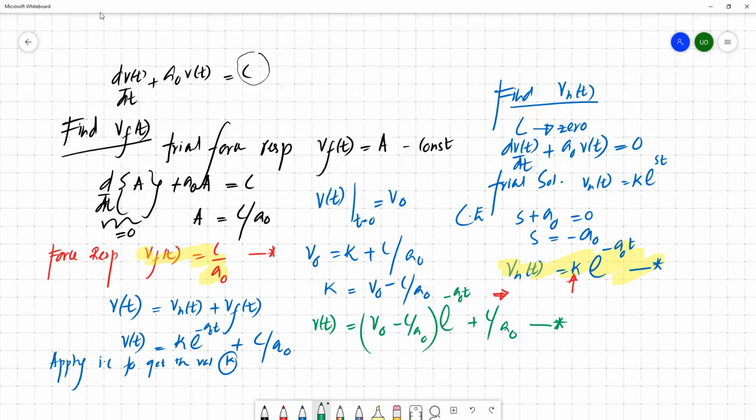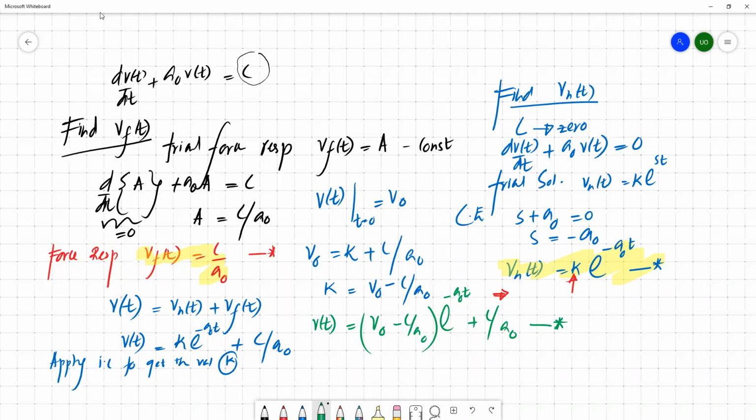In this case, we propose a trial forced response equal to capital A. If this trial forced response is a solution, it should satisfy the original differential equation. So just plug this trial response into the original differential equation and find the value of A.